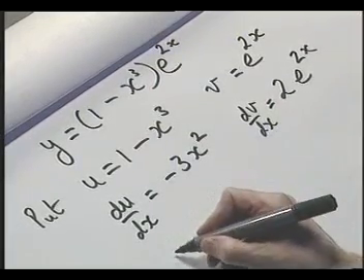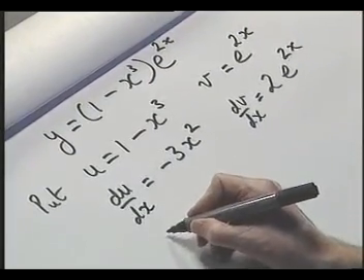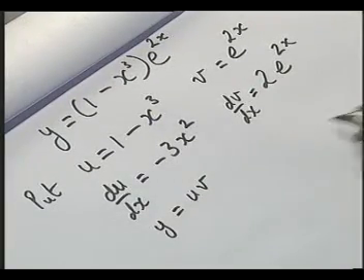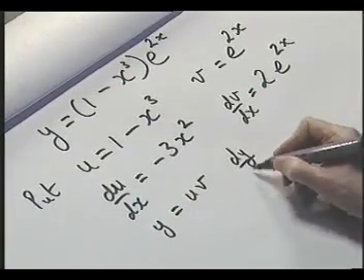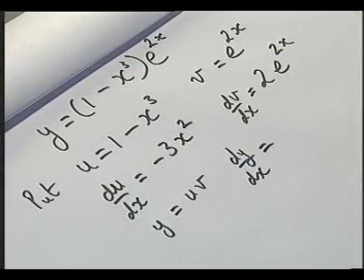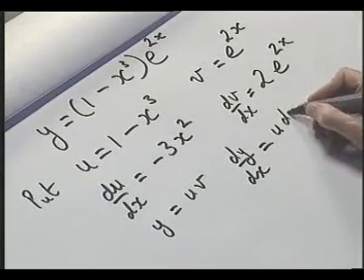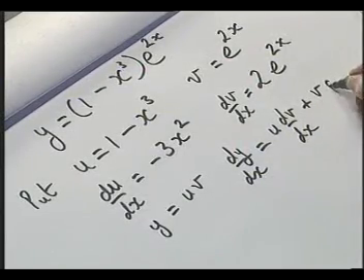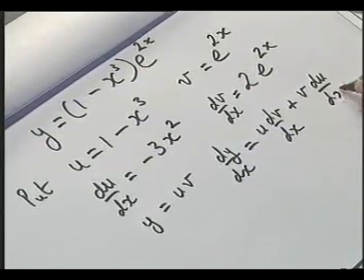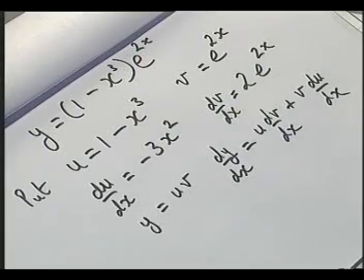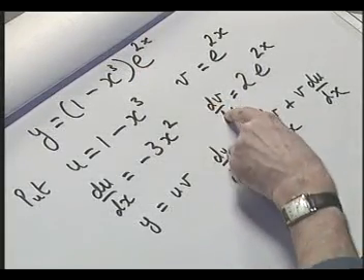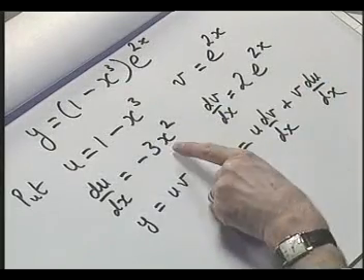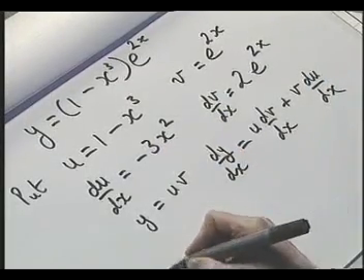Now let's remember our formula, that if y is equal to u times by v, then dy by dx is equal to u dv by dx plus v du by dx. So we've got u, we've got dv by dx, we've got v, and we've got du by dx here. So let's make those substitutions.